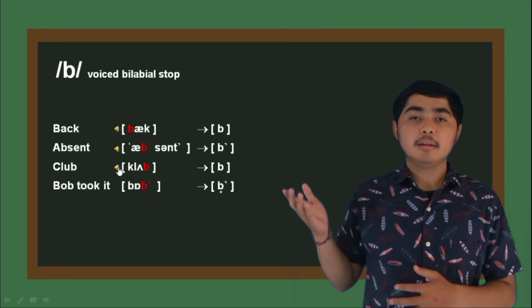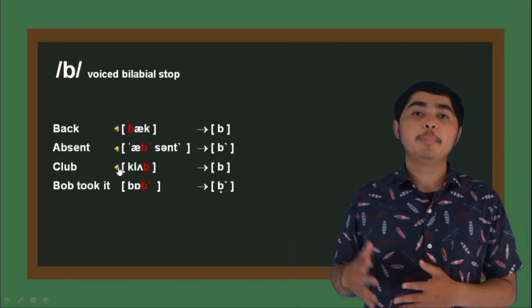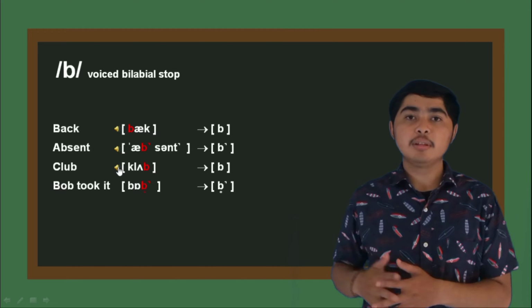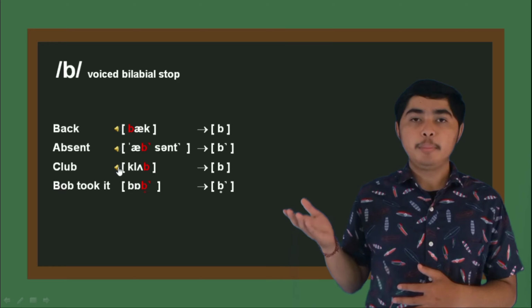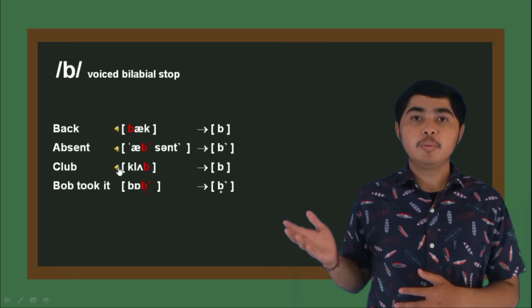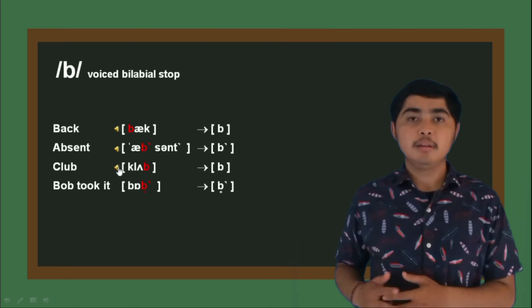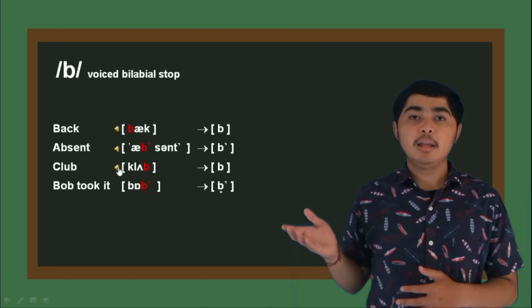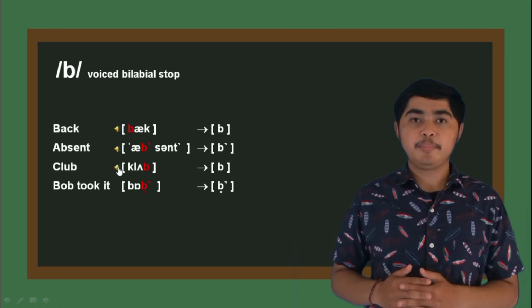Whenever this phoneme appears in word initial position, it is pronounced as the basic b. And if it's in the middle of a word, or in the final syllable before a consonant, it is unreleased.